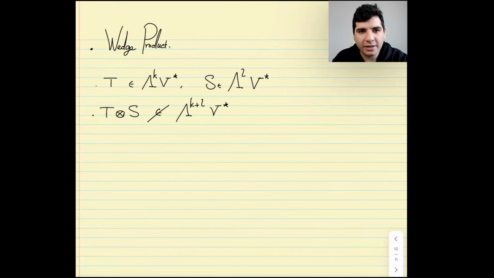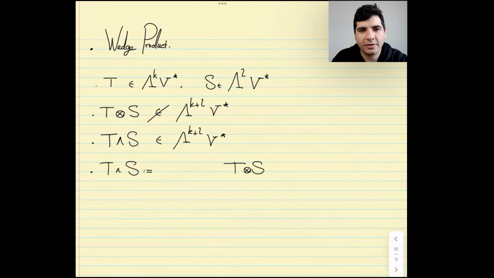We want to define a new product, which we denote with T wedge S. We want to define it in a way that it would be an alternating tensor, so it would be an element of the alternating K plus L forms on V. Okay, how should we define that?